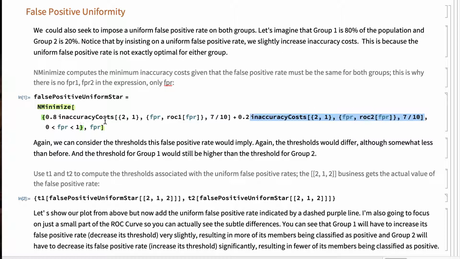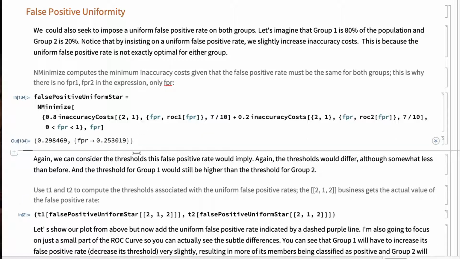And the only thing that's happening here is the false positive rate has to be the same for both groups. I'm not going to permit different false positive rates to be used. I will constrain it to be between 0 and 1 because that's the only thing that's sensible. And let's see what the optimal false positive rate is.